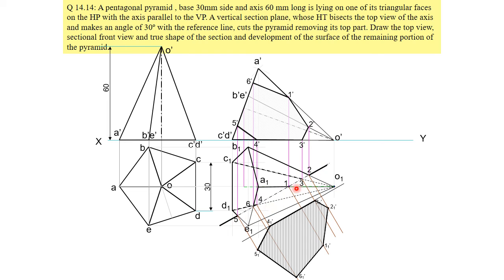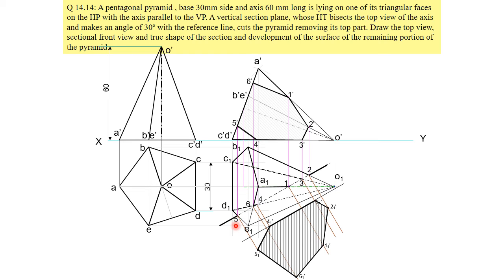These are the cutting points. One section plane is cutting all these slant edges and edges of the pentagon pyramid. So draw perpendicular to one auxiliary plane over here, and all these points you will get.